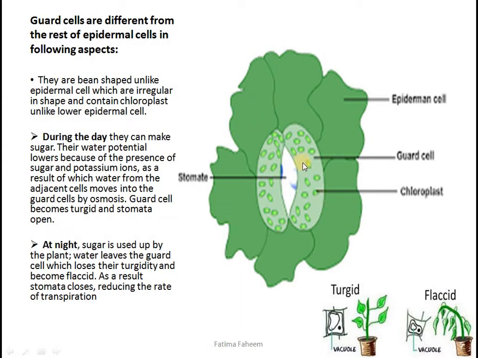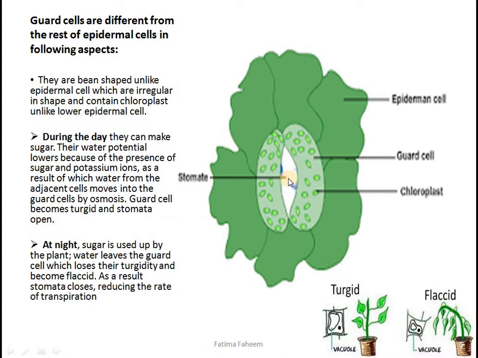So what will happen if I keep on increasing the amount of glucose and potassium ions in the guard cells? The water potential will get lowered, it will get less. So water from the adjacent cells or from the other epidermal cells will start to move into the guard cells by osmosis, leading to turgidity of the guard cells, causing the stomata to open.